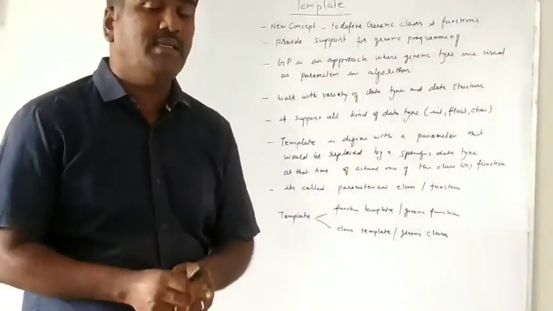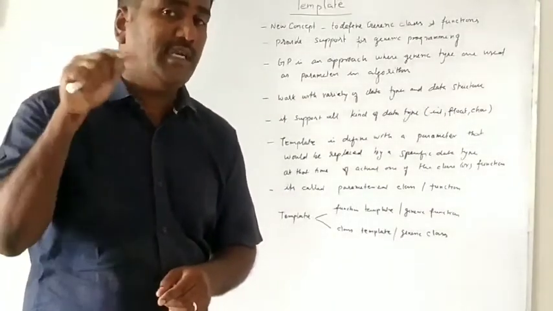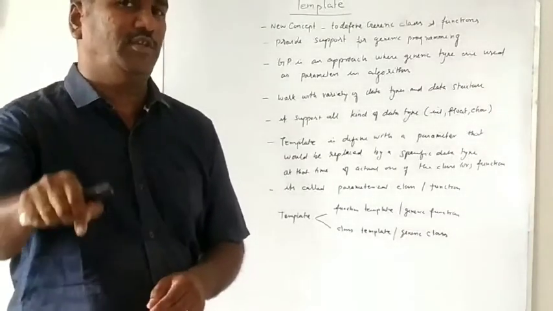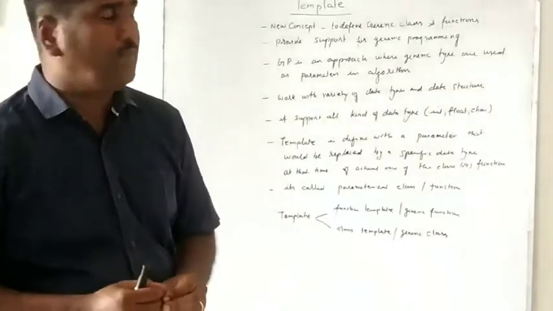That parameter is replaced by the actual data type at the time of program execution. This is called generic programming.